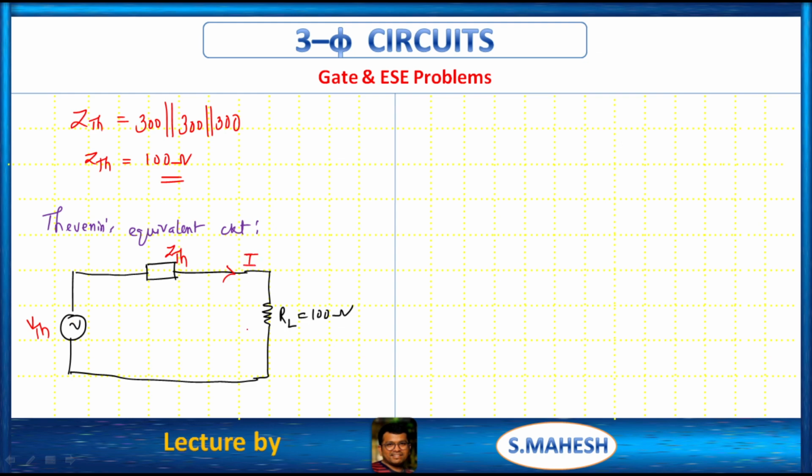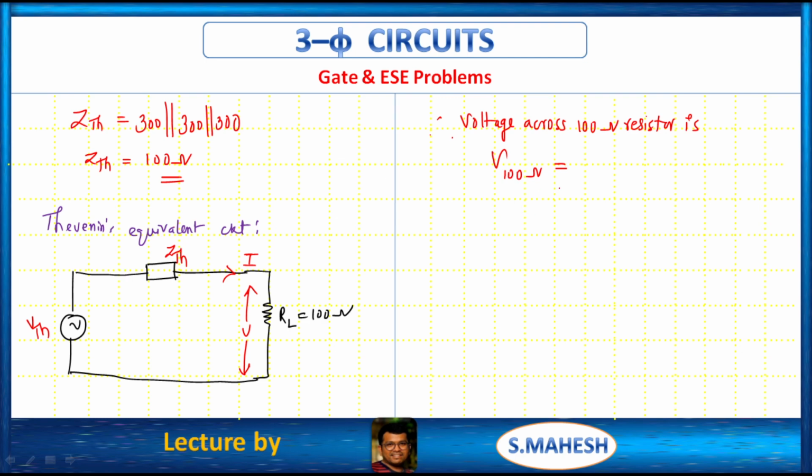But he wants the voltage across this resistor. Therefore, the voltage across the 100 ohm resistor, V100 ohm, is equal to, we have to apply the voltage division principle.